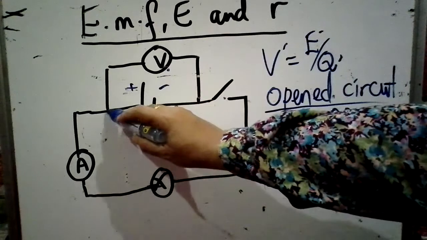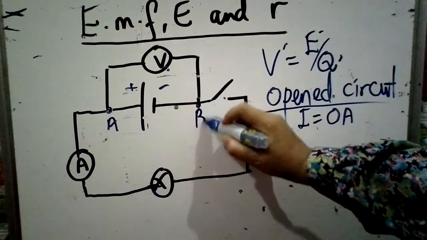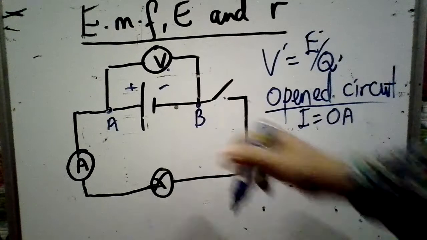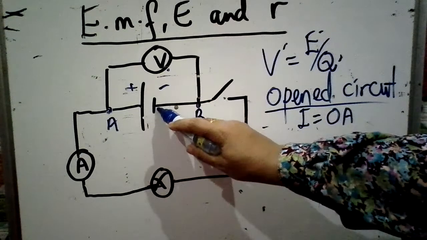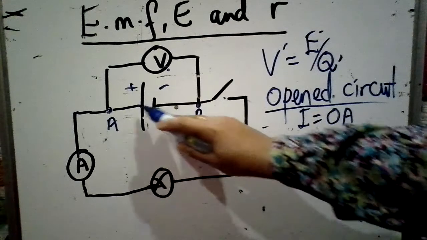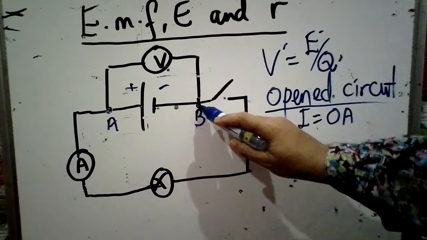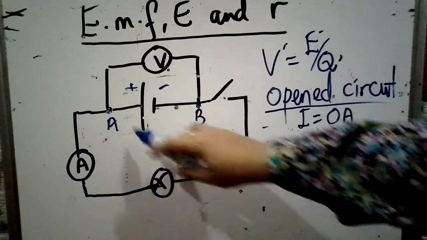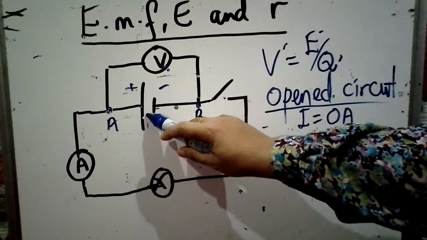Let's say this voltmeter we connect here, point A and point B. The voltmeter will measure potential difference between the positive terminal and the negative terminal. The positive is connected to A, the negative is connected to B. So the voltmeter will measure potential difference across the terminals of the battery.